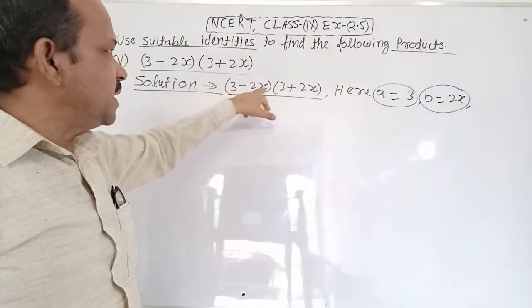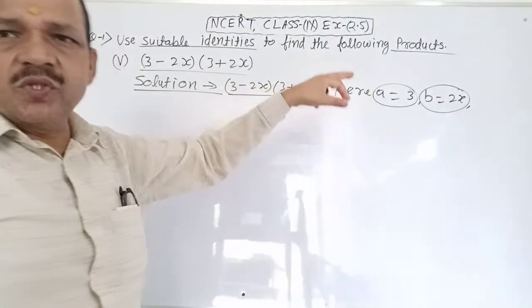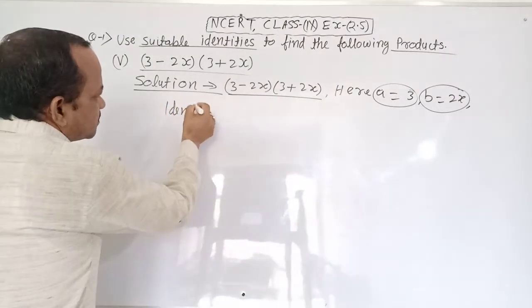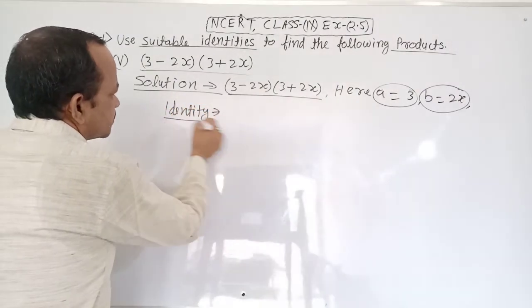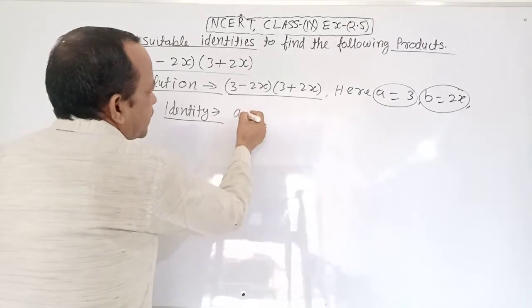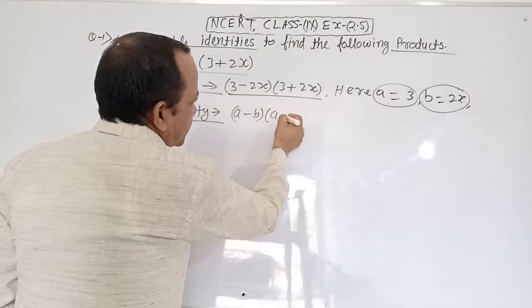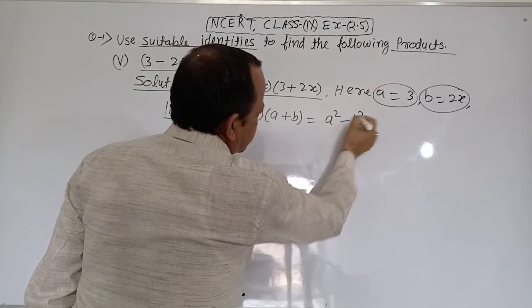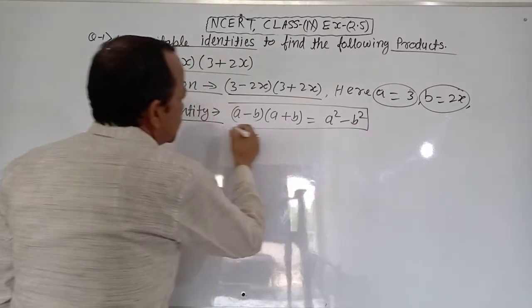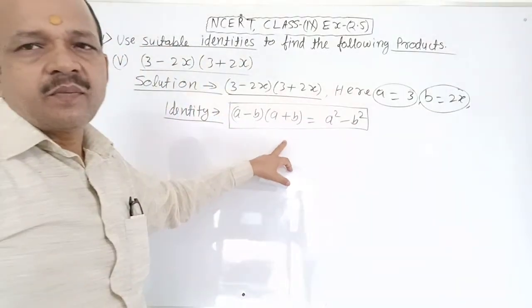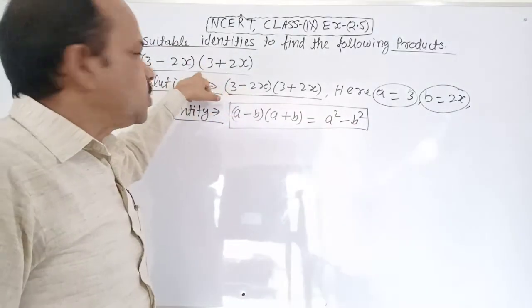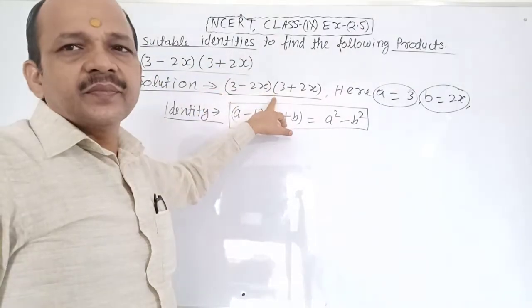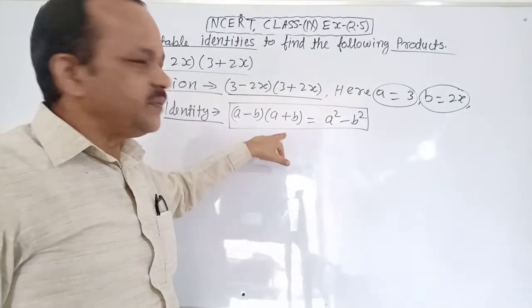A equals 3, b equals 2x. You can use this identity for this question. Clear? You can find the product of this by the help of this identity.